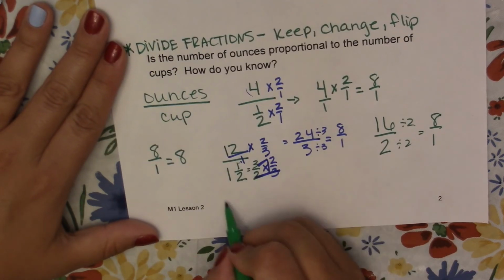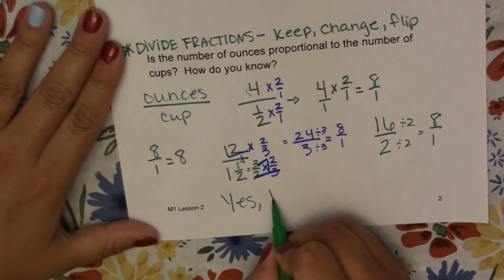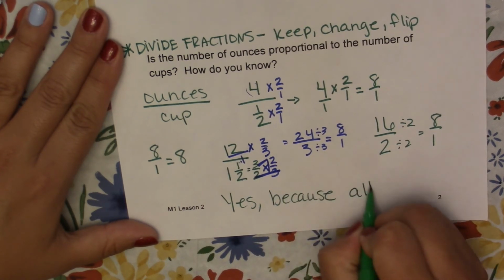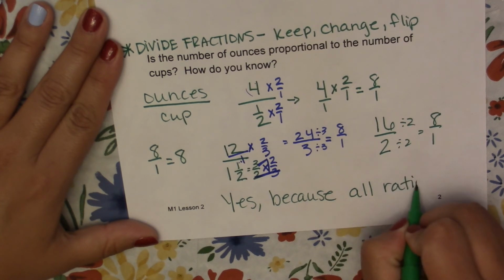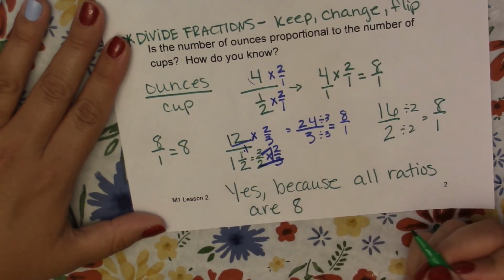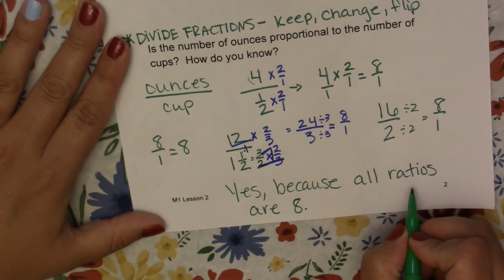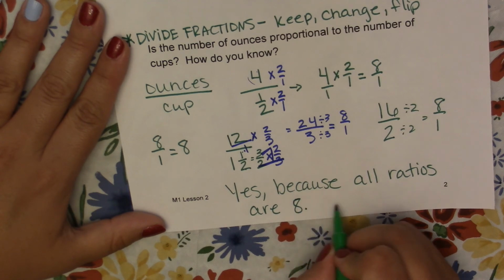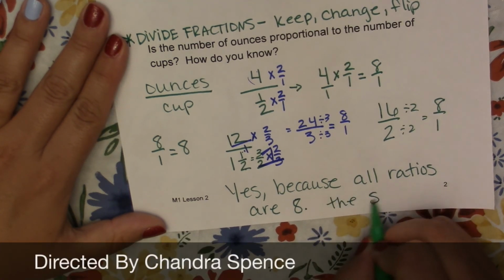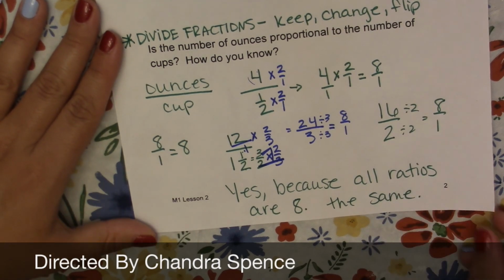Our answer would be yes, because all ratios are 8. You could say all the ratios are the same. So you could also say are the same. So you have a couple of options on how you can phrase that.